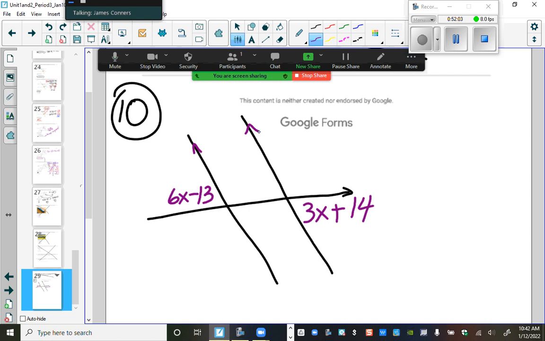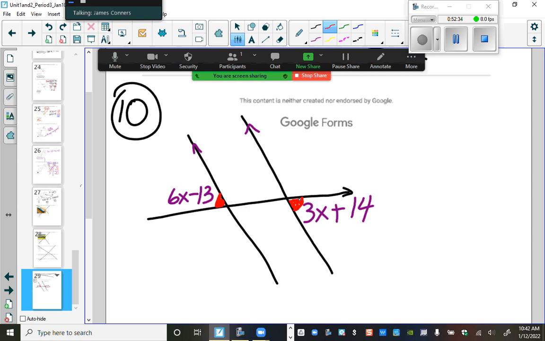Here's your new diagram for number 10. So get ready. It's 6x minus 13. It's this angle here. I'm just gonna shade in which two angles. 3x plus 14. Those are our two angles. That's our diagram.